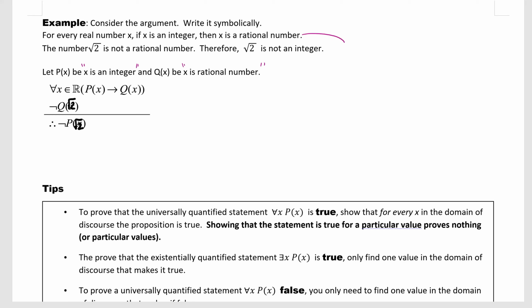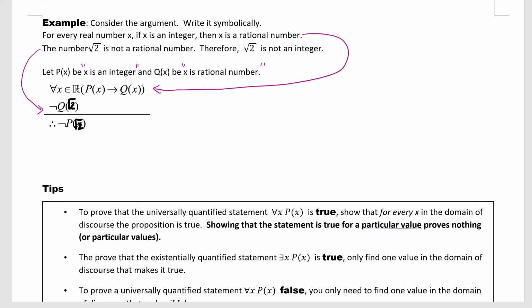The first sentence gives us this. The number square root of 2 is not a rational number gives us not Q of square root of 2. Therefore square root of 2 is not an integer, so we have not P of square root of 2.